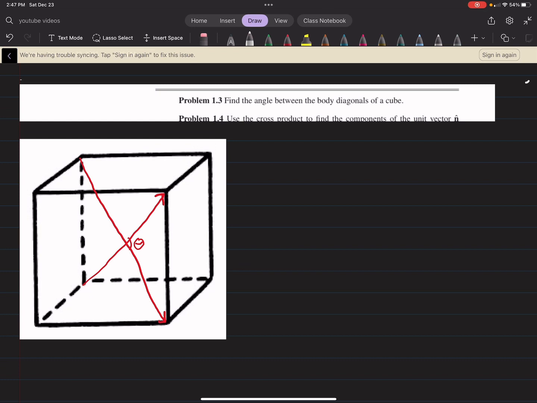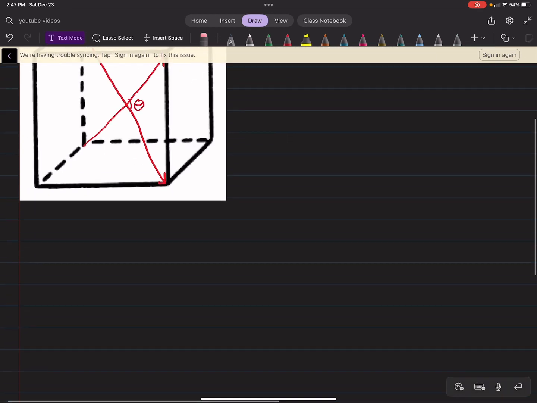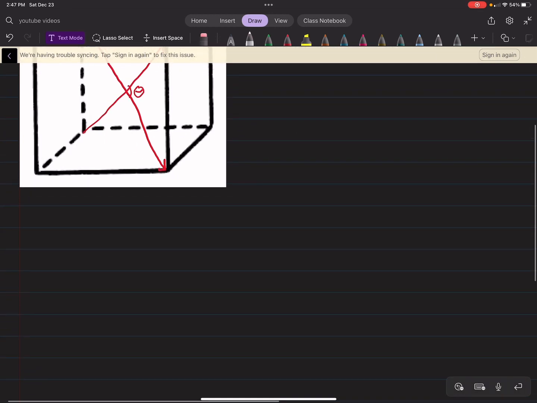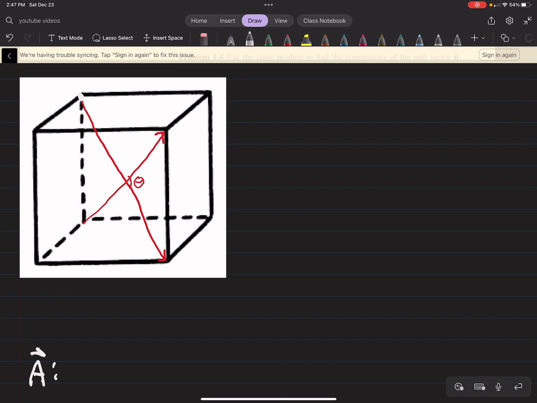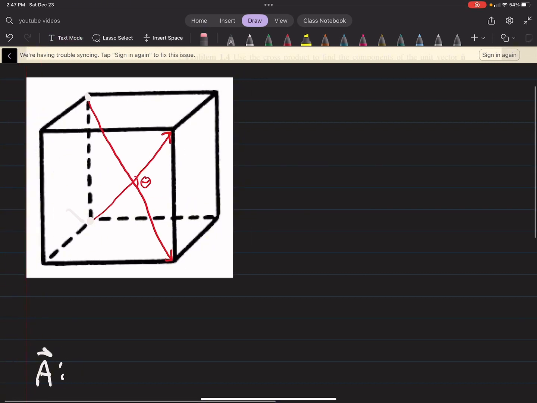So now let's start with up here. This vector, which we'll call A, it originates, if we let our origin just be down here, maybe we let that be the origin.